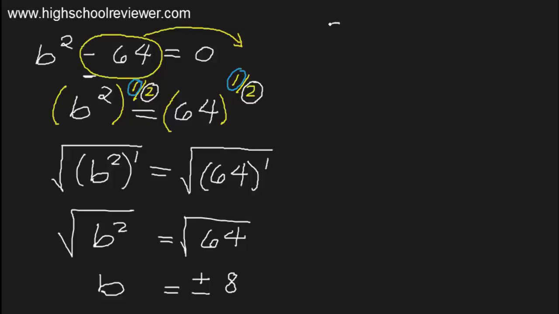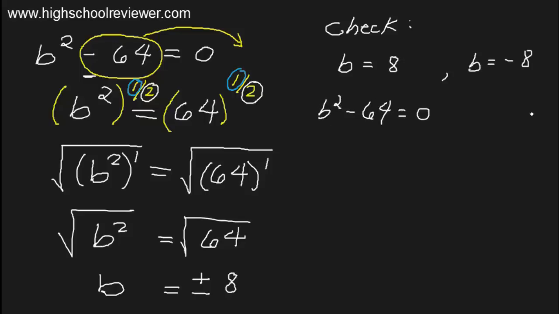Let us check if our answers are correct. So check, for b equals positive 8, and for b equals negative 8. We have b squared minus 64 equals 0, and also b squared minus 64 equals 0.